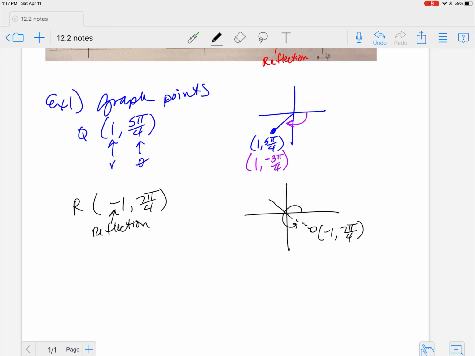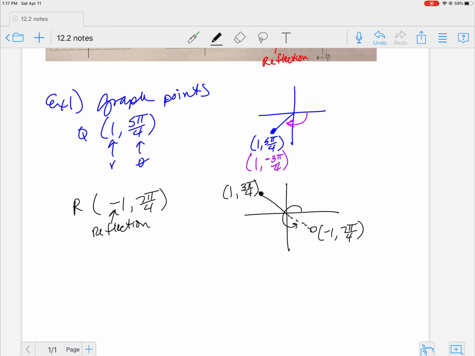So if I'm talking about my reflection, then what's this one? +1, but what's the angle measurement that goes with that? Where is this actually? 3 pi over 4. You see that? Okay, so when I'm talking about my reflection here, then it's -1, but then that 1 is at 3 pi over 4.